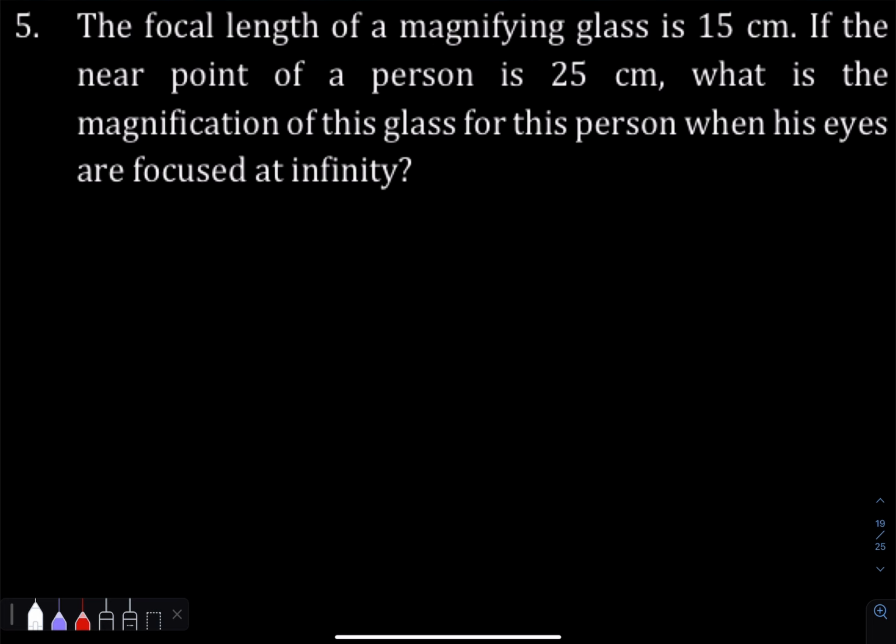Here we're talking about a magnifying glass. So the focal length of a magnifying glass is 15 centimeters. If the near point of a person is 25 centimeters, what is the magnification of this glass for this person when his eyes are focused at infinity? So these magnifying glass problems ask for magnification, but it's not the same type of magnification that we've talked about before, meaning the geometric optics chapter.